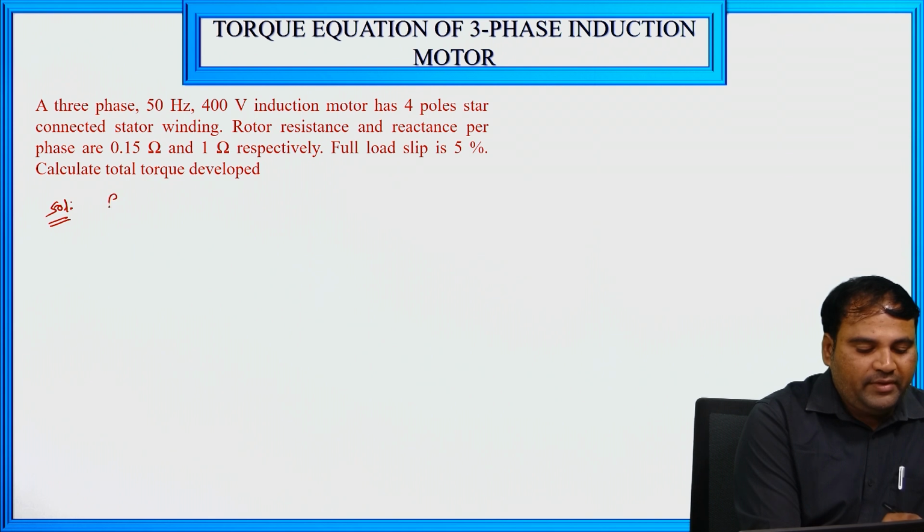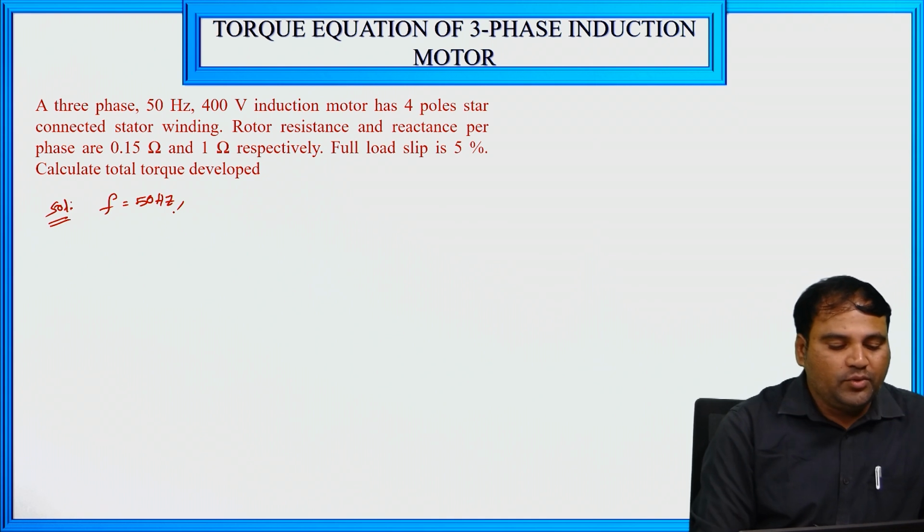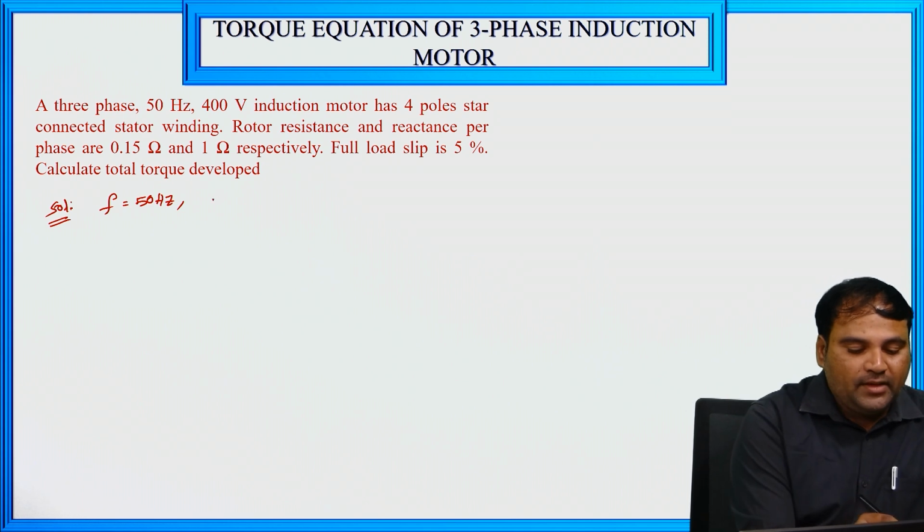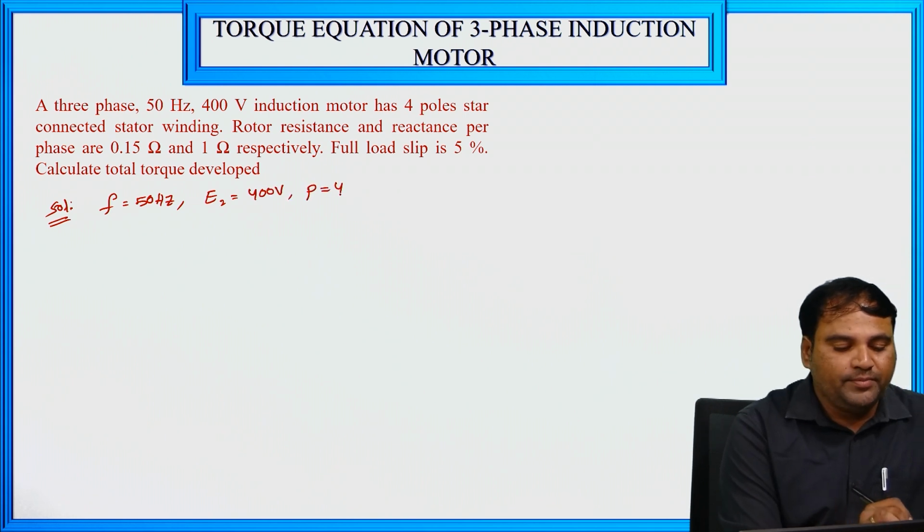Frequency F equal to 50 Hz, and the 400 volt induction motor has a star connected stator winding. The rotor EMF is equal to 400 volts and the total number of poles P equal to 4.